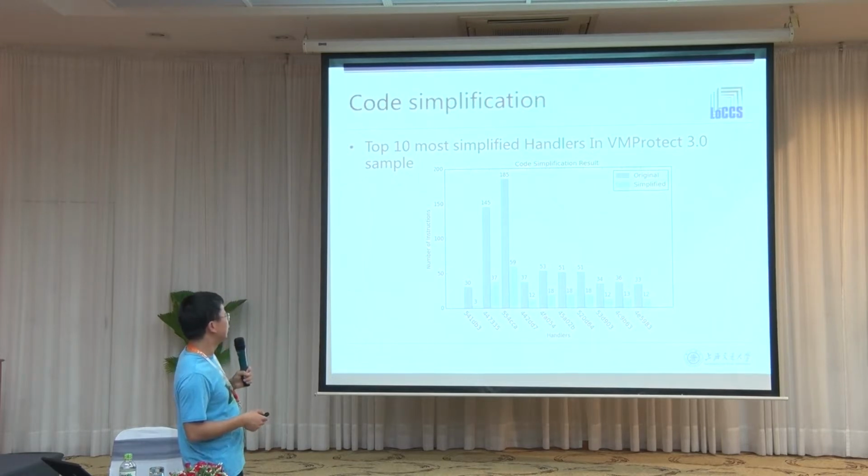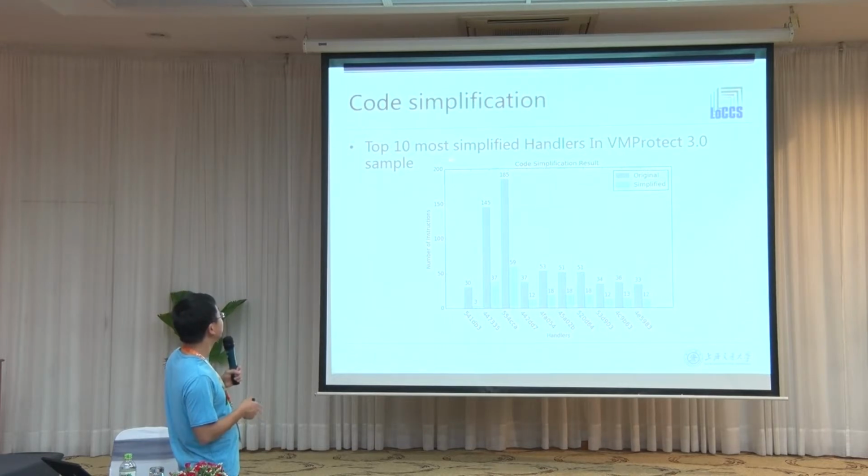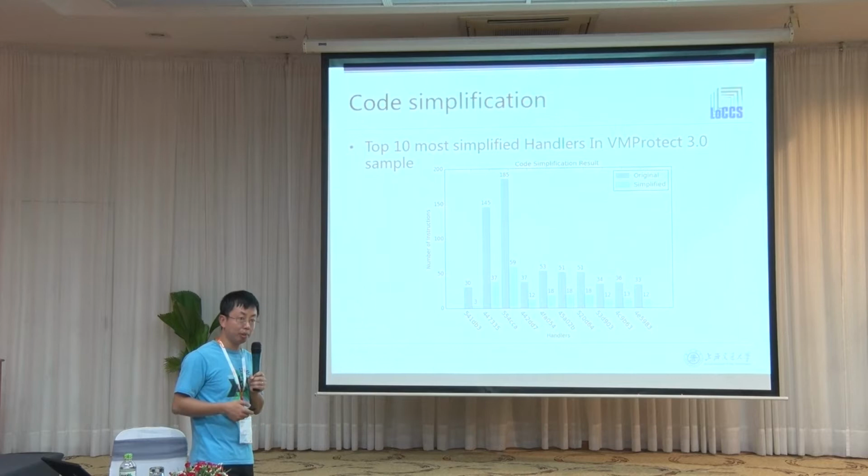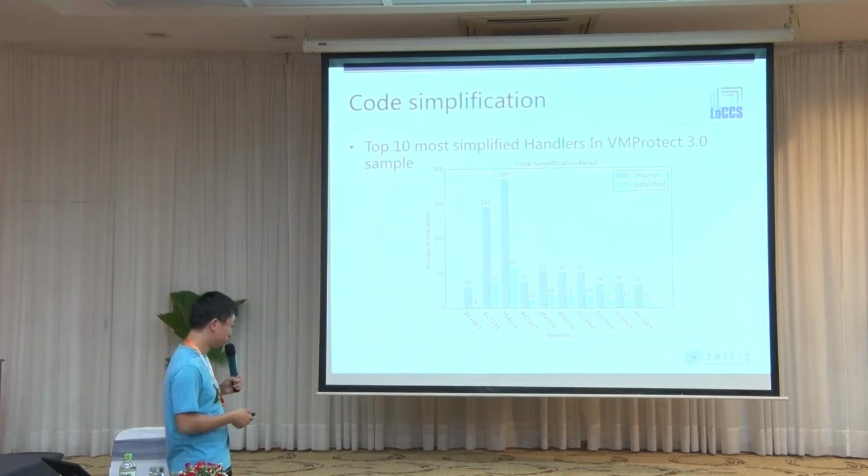Then for the latest version of VMProtect, we can see the top 10 most simplified handlers used in VMProtect. For some handlers, we can even reduce the original 30 instructions into 3 instructions, which significantly simplifies the understanding of the VM code.